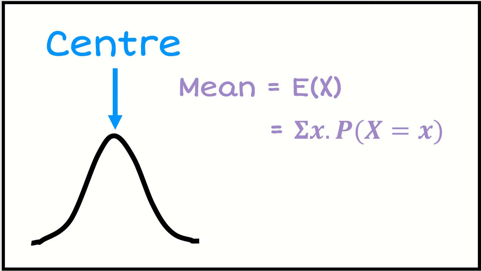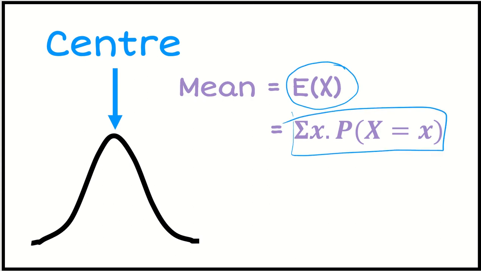So when we go to calculate the mean, remember the mean is a measure of the centre. Another name for it is the expected value. And we have a formula here that we are going to unpack very shortly.